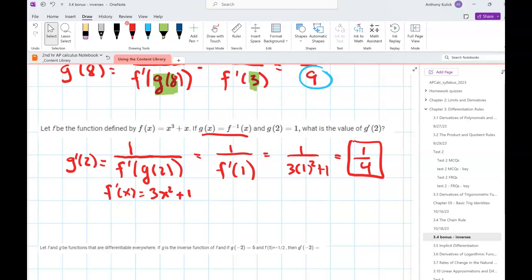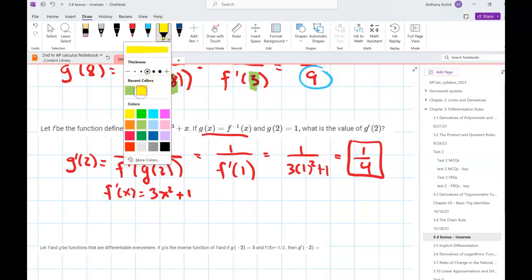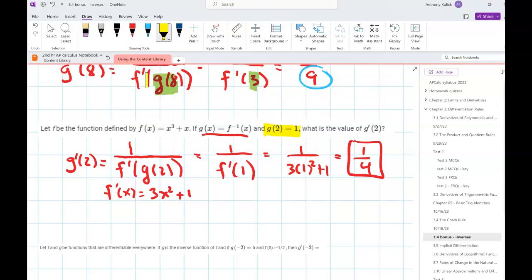Elena, what's up? You're making faces. Can we go over that? Sure. Because I know that g of 2 is 1. Yes, exactly right.